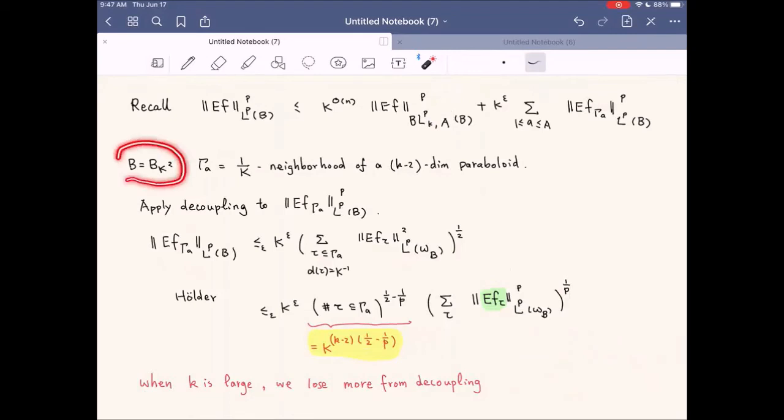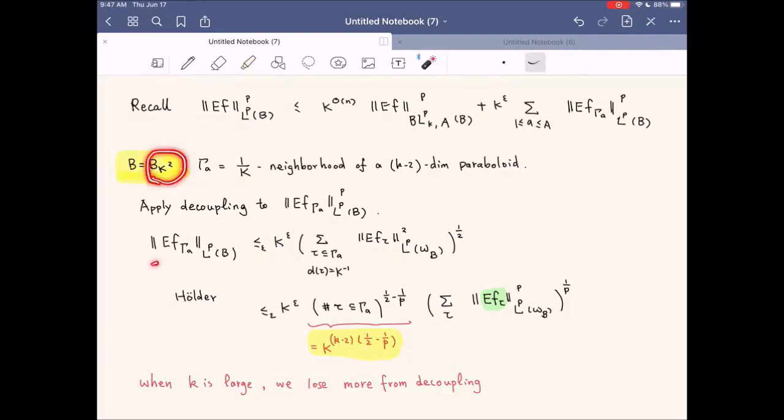Now, when we defined the broad-narrow decomposition, we said that the balls we use have radius K squared, and I said that at that time we should pay attention to this K squared, and here is why.